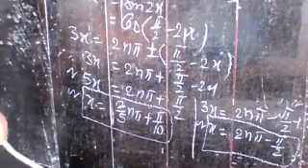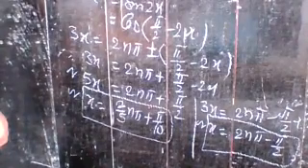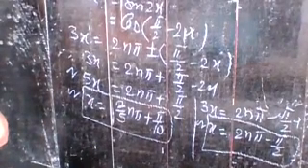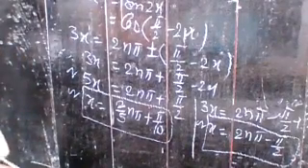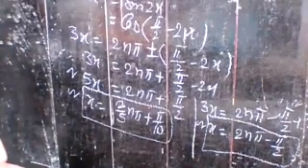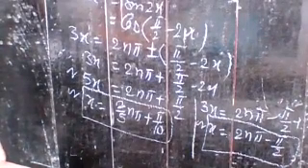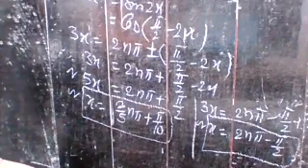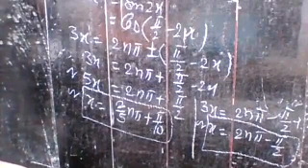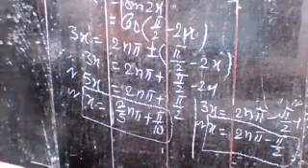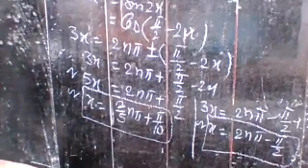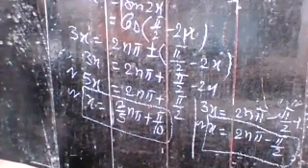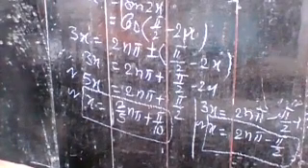Done? Sir, your board is not visible. Board is not visible. It's blurring. So that is due to a connectivity problem. The board is not visible properly. That is because of the connectivity problem. So just trying to, yes sir.